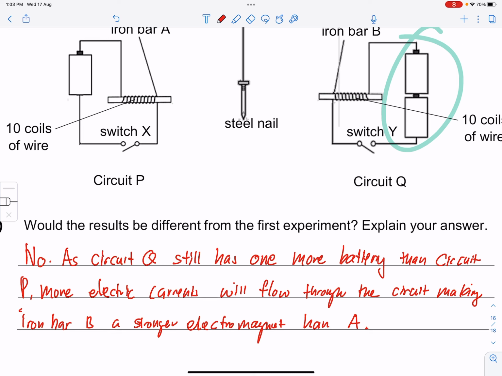So what is key here is that you need to tell me more. Some of you just wrote, circuit Q has 2 batteries. So what if it has 2 batteries? You didn't tell me that it has more.